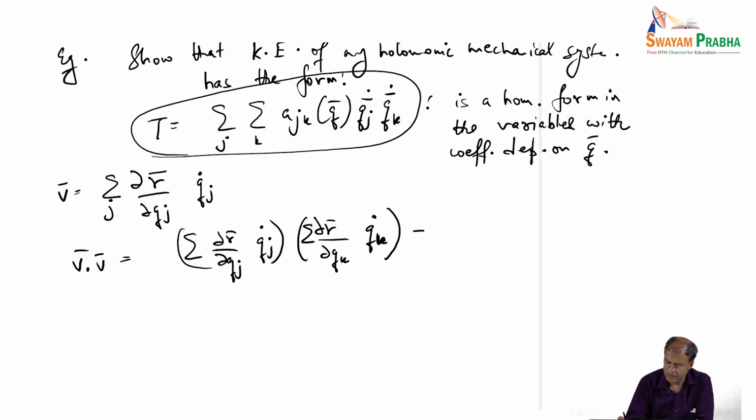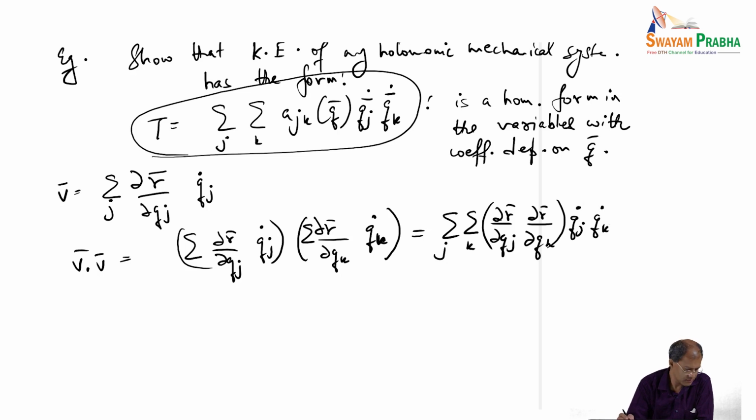So we see that when we take a double sum, this is also equal to jk partial r partial qj partial r partial qk. Okay, so we see that this is qj dot qk dot.